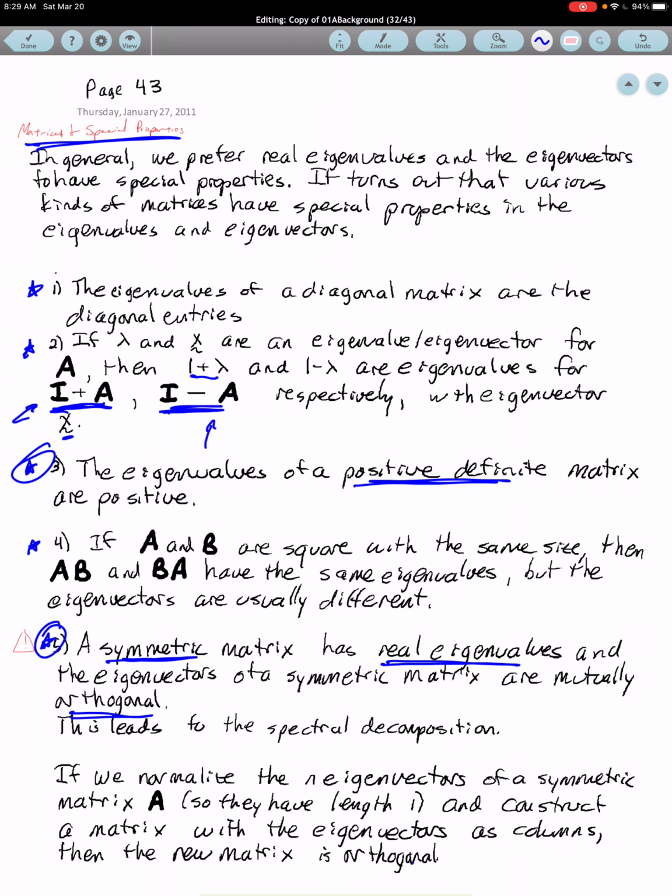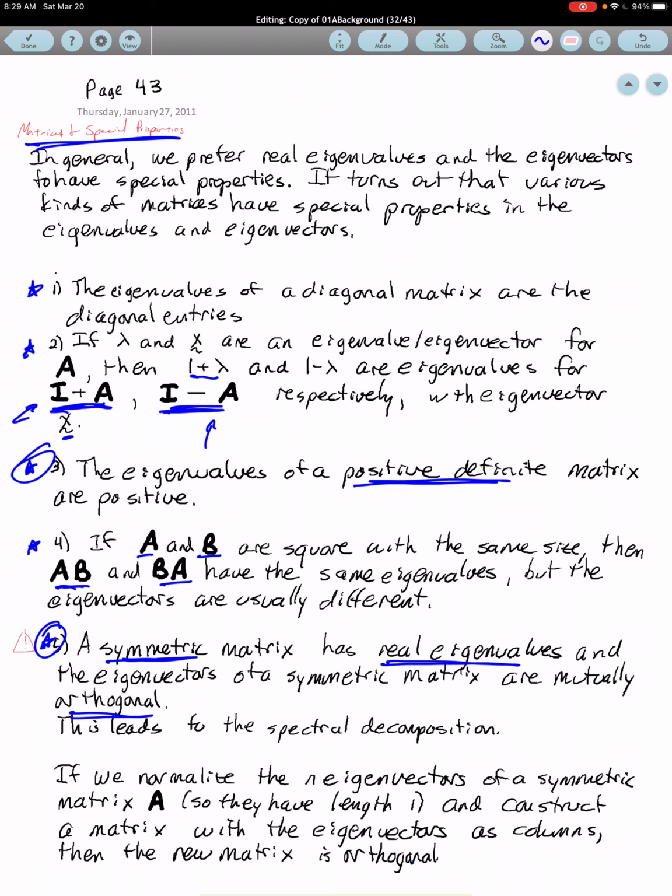Going back here to number 4, this tells us something about eigenvalues and eigenvectors of a product of matrices. So if A and B are both square with the same size, then of course AB and BA make sense because their dimensions make sense.